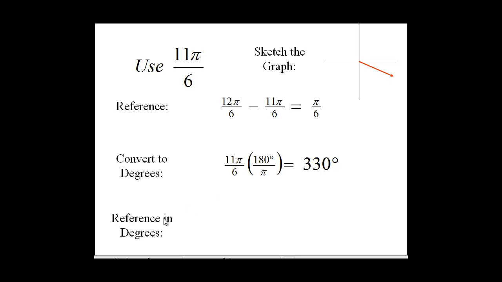And the reference angle in degrees, well, 330 is 30 degrees away from horizontal. 360 minus 330 is 30, or you can take this pi over 6 and convert it, do it that way. Pi over 6 times 180 over pi, those cancel and you get 30 degrees. So you can either just find how far is 330, or you can convert your reference angle that we found before. So that's what you need to be able to do in WebAssign.